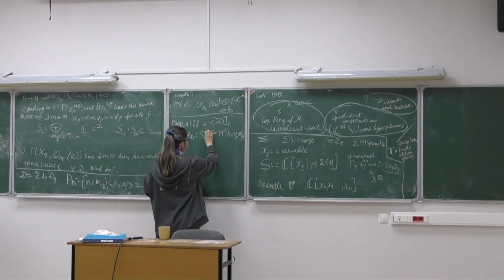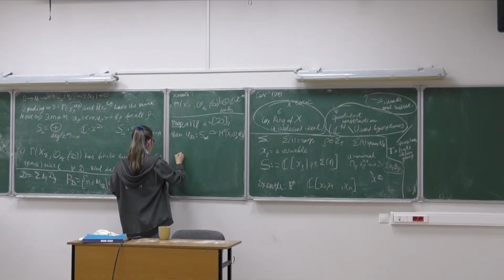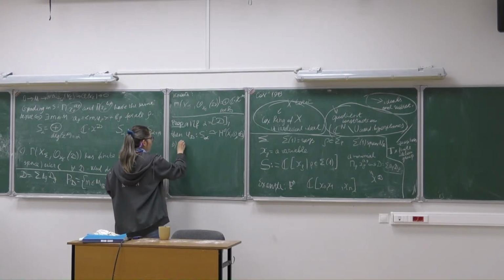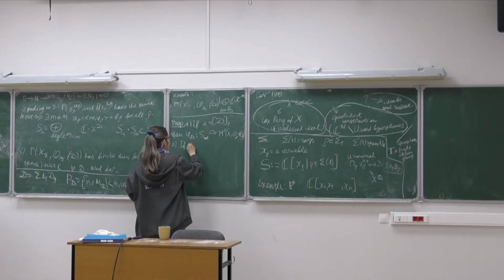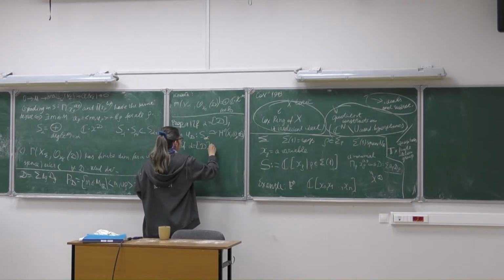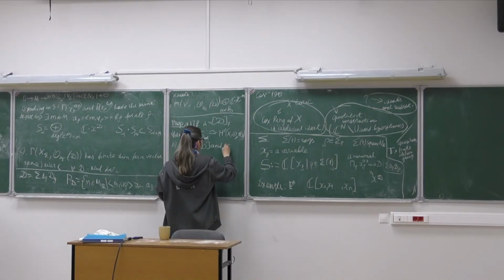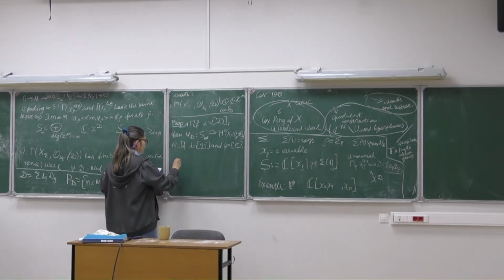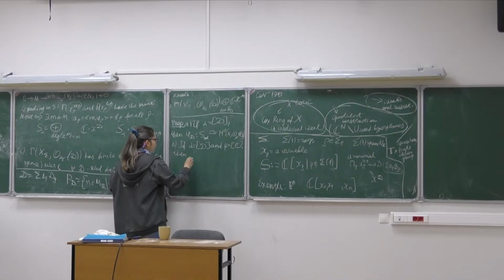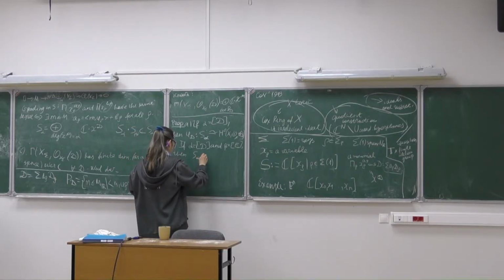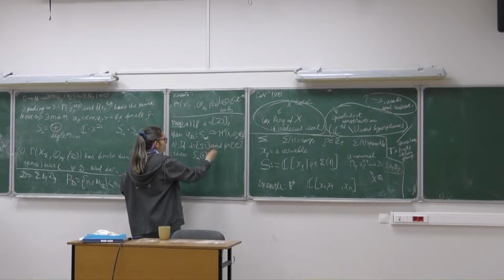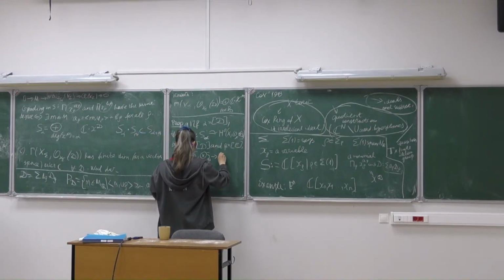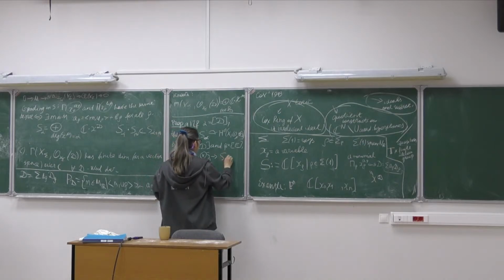Okay, first I state that this is an isomorphism, and also I say that if we have two classes, alpha and beta, alpha is a class of D, and beta is the class of the divisor E, then if we take the product here as S alpha tensored by S beta, it can be mapped to S alpha plus beta.